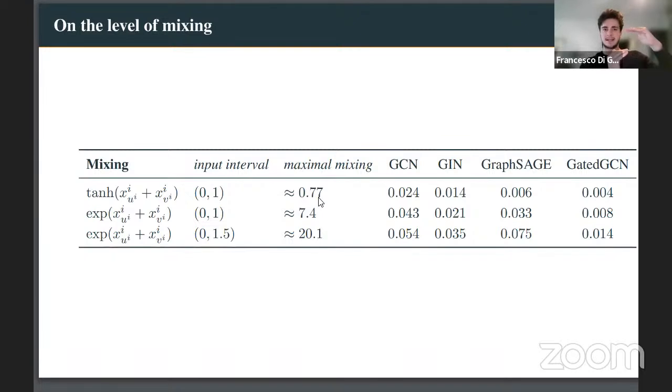We would expect that because we are not changing the capacity of the model, but we are changing the mixing required by the task, larger mixing would necessarily mean worse performance. And this is again validated across all the models that have a consistent degradation. They become at least twice worse, and this is further validated by the third row.